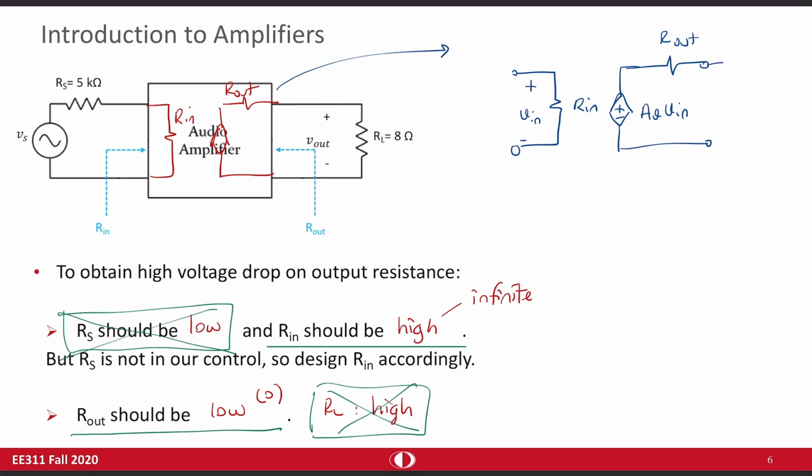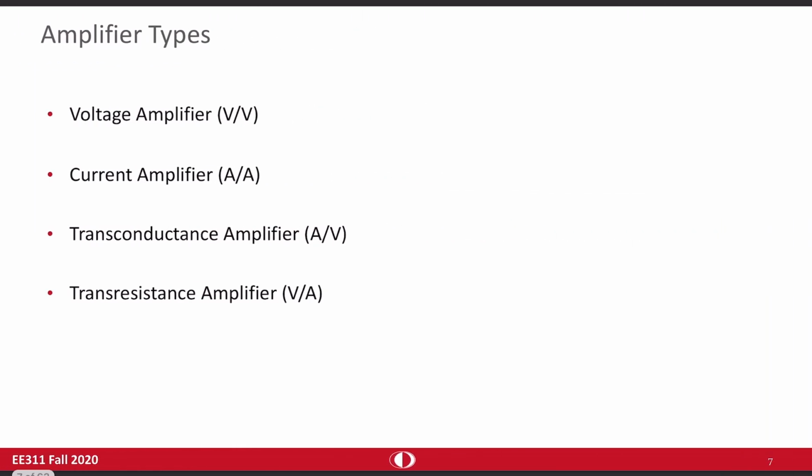So when you look at this model, RIN is critical, ROUT is critical. Of course, you want high voltage gain if possible. And besides that, of course, the operation frequency should be compatible with the desired operation frequency. So when you take a look at the amplifiers, there are 4 main types depending on the unit of the gain.